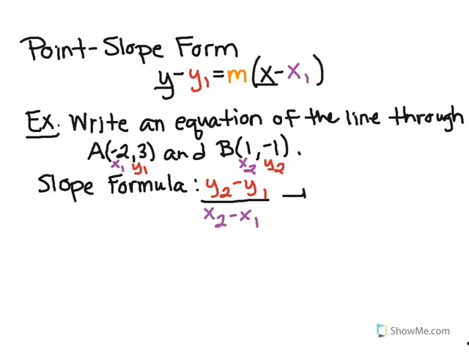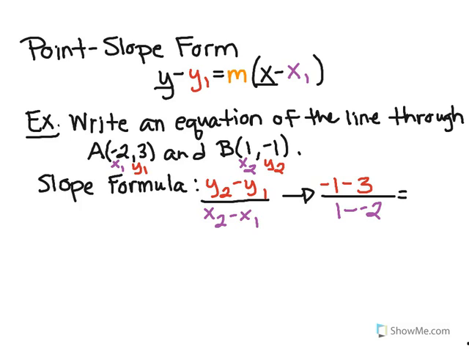Alright, so now we just have to plug in to this formula. So y2 is negative 1, minus y1, which is 3, and this is all over x2, which is 1, minus negative 2. And now we're going to clean this up.